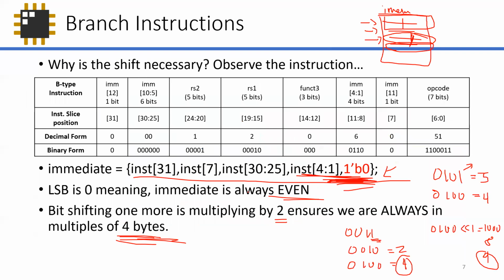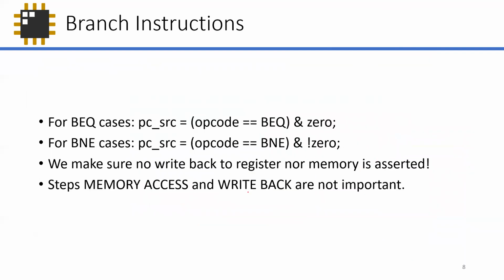Okay. What else? A little bit more on the branch instructions. There's another hint actually. I'm giving out a lot of things that you could consider in your design, but really, for setting the PC source, if my opcode is a branch, PC source can be 1 or 0 depending on two conditions. One, if the opcode is specifying a branch if equal to, and I get a 0 value from the ALU result, then PC source is 1.